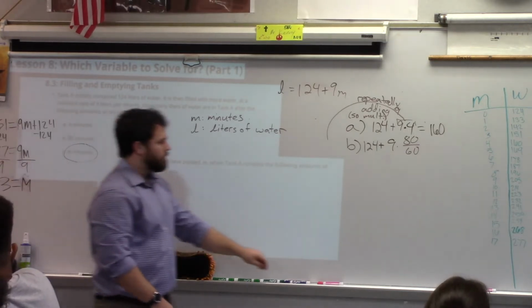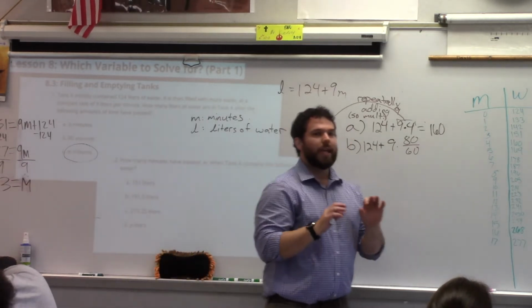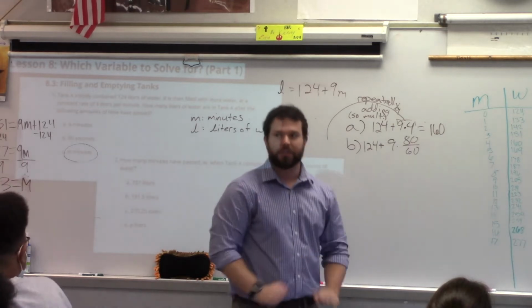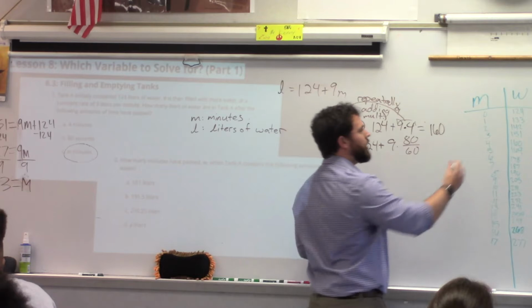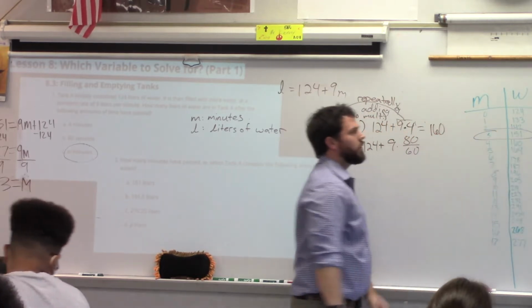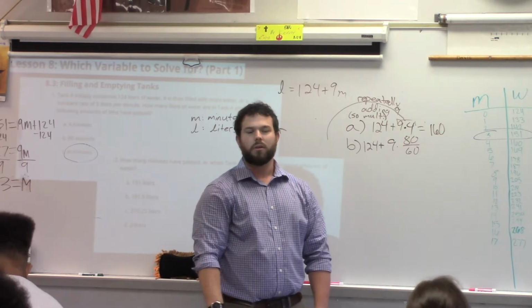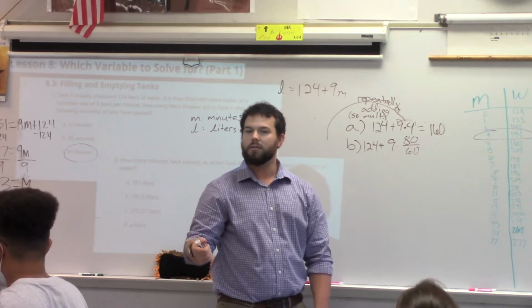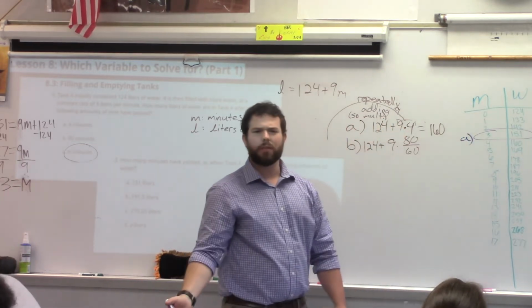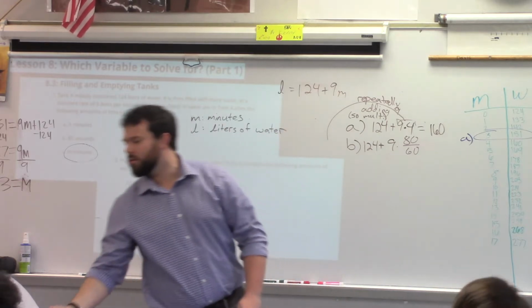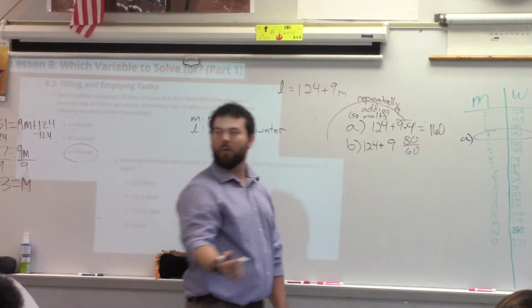All right, but I want you to notice, if you can't write an equation, what can you always make? A table, right? 3 minutes in, how much water was there? Oh, that's the answer to A, isn't it? Yes. Okay. And then the next one, I believe, was 191.5?